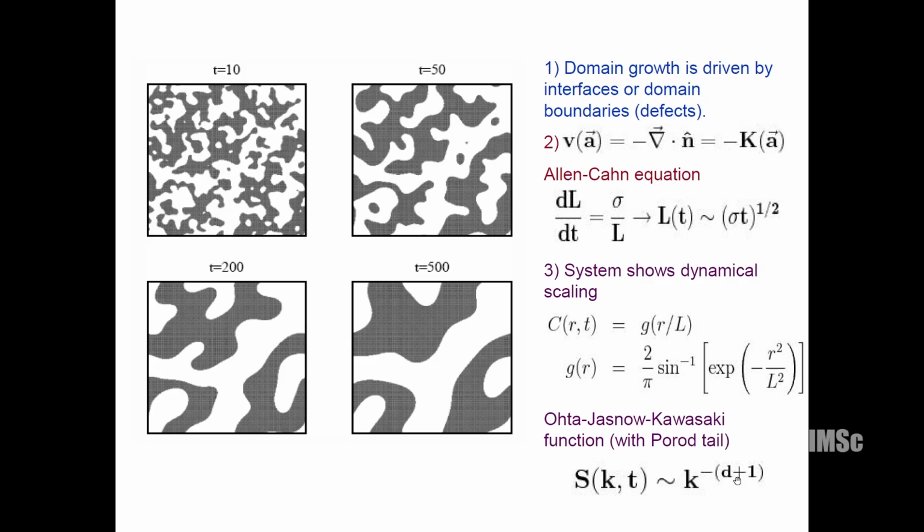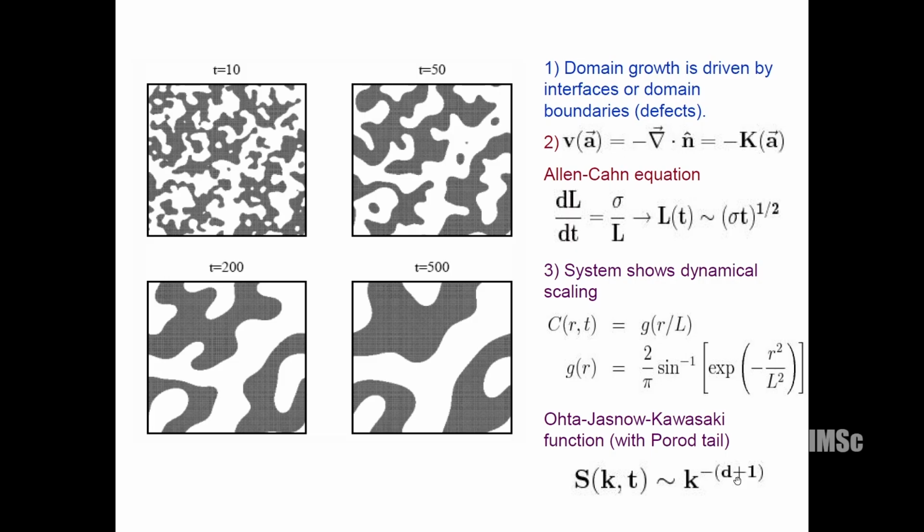So, that is the ordering of the ferromagnet. I can't solve this problem exactly, but I have used the picture of these interfaces doing random walks to capture the pattern formation, and this scaled form of the correlation function captures the morphology to the extent that one is interested in doing so. And looking at these patterns, it is not hard to convince yourself that this is basically a magnified version of that, only the length scale of the domains has changed with time.